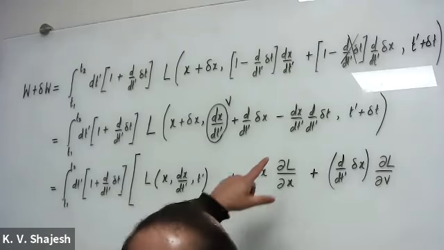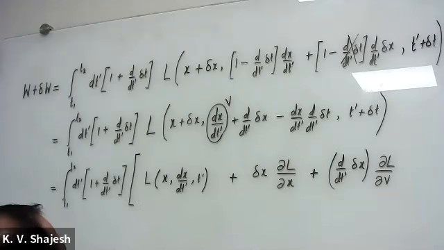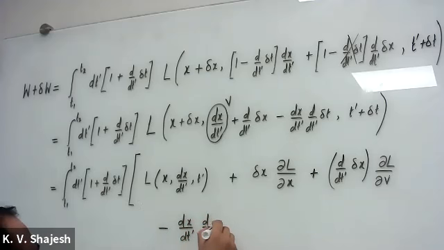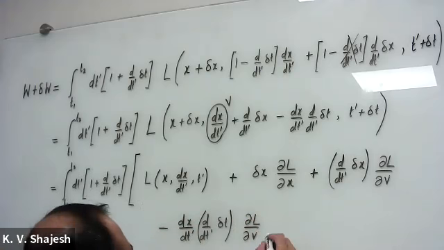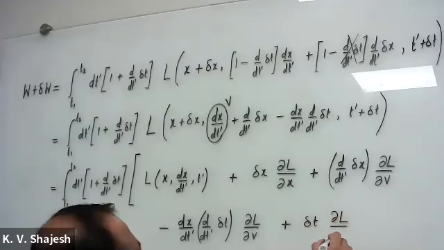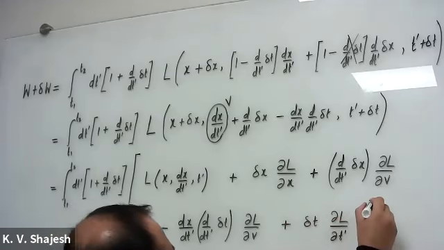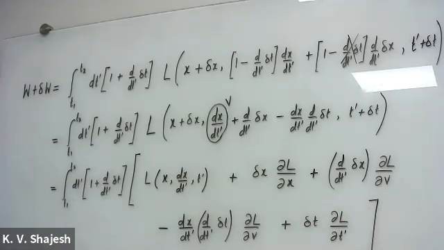And there's one more term now, minus dx by dt prime, d by dt prime of delta t, and the partial derivative of the Lagrangian with respect to the velocity. And finally, I have plus delta t times the partial derivative of the Lagrangian with respect to t prime. Is that clear? Yes. Very good.